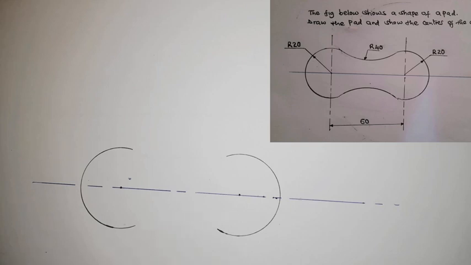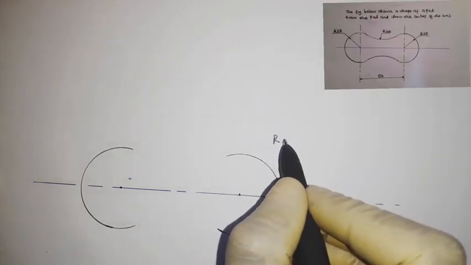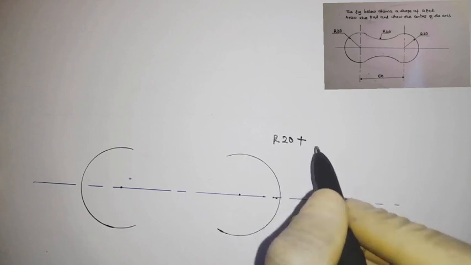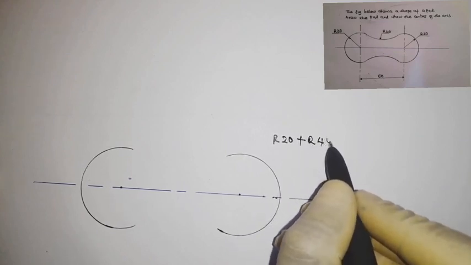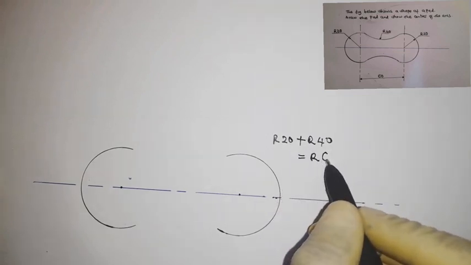So we are going to use the principle of radii addition, the sum of the radii. That means we add 20 plus 40, so it's going to be radius 20 plus radius 40. This gives us radius 60.